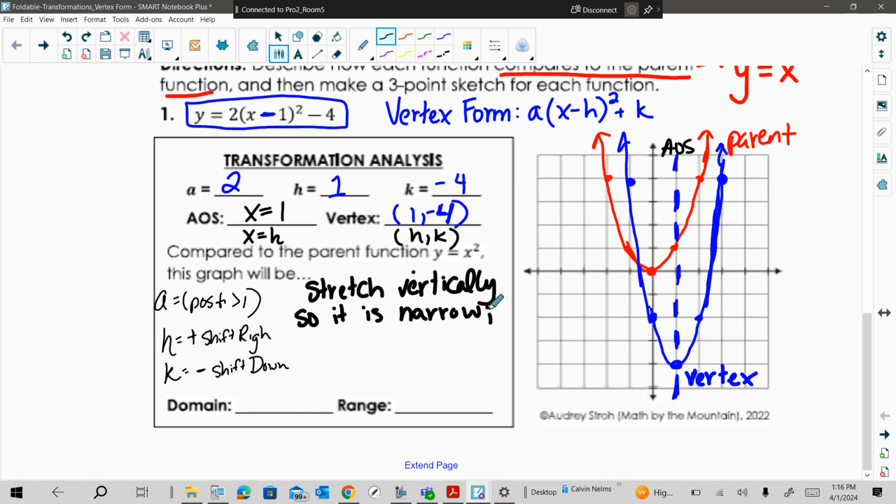Now, because we have H is positive, that's our horizontal shift. So the graph is also going to have a horizontal shift, positive meaning it is a shift to the right. The H was 1, so it went to the right 1 unit.